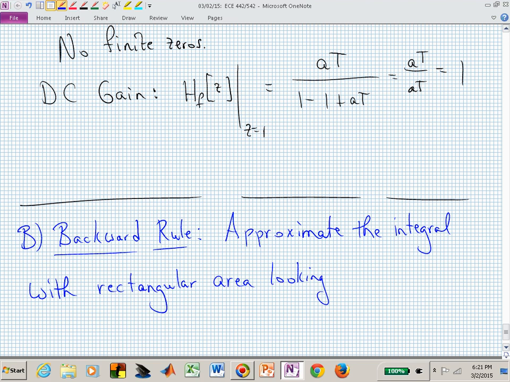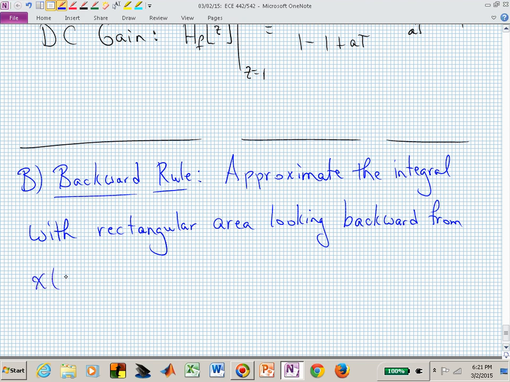If it's the same sliver, we need to look back from x at time n, little n, capital T, with a rectangular area looking backward, from little x, capital T.